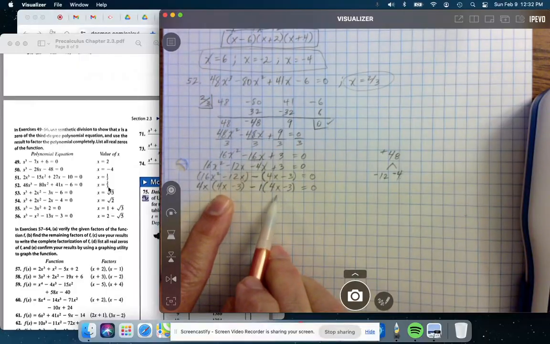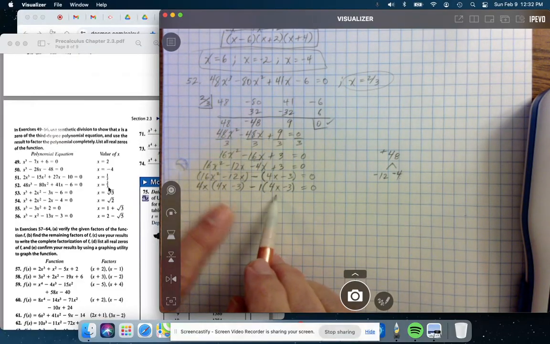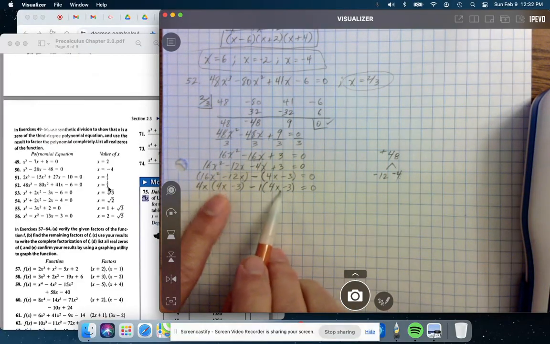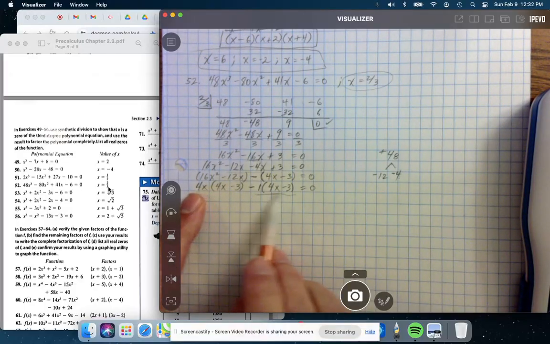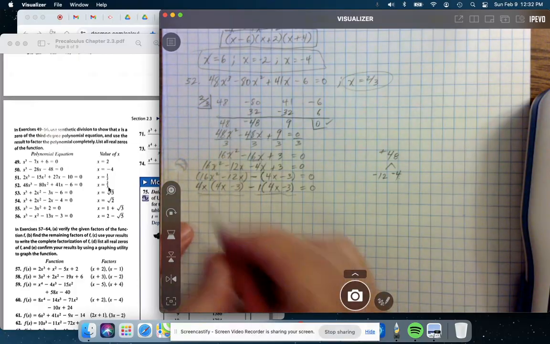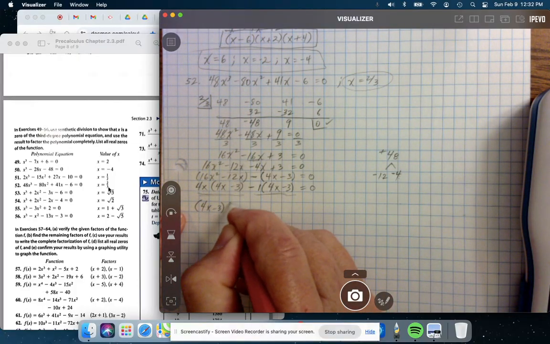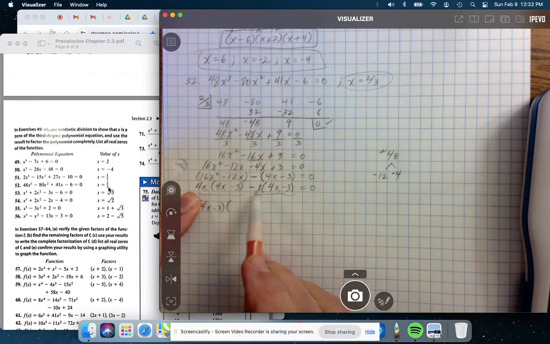Notice these two terms are the same, which they need to be. If they don't come out to be the same, then there's a problem. All right, so that means I can factor out from both of these terms here and here. I can factor out 4x minus 3, which leaves me with 4x, take away 1.